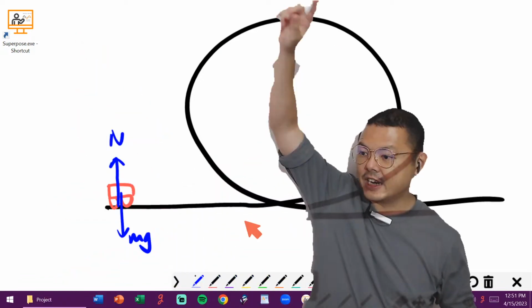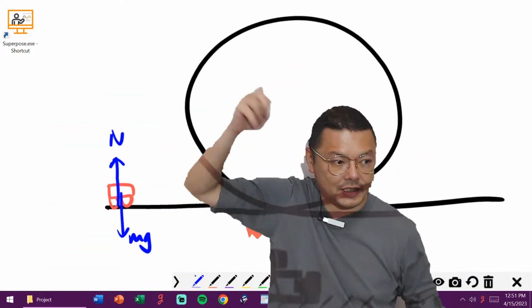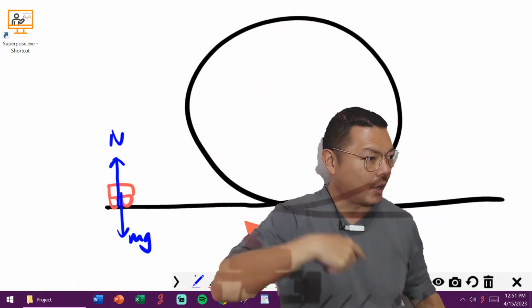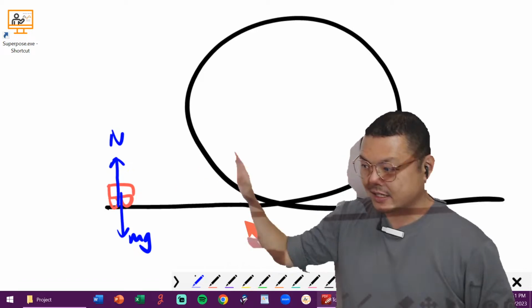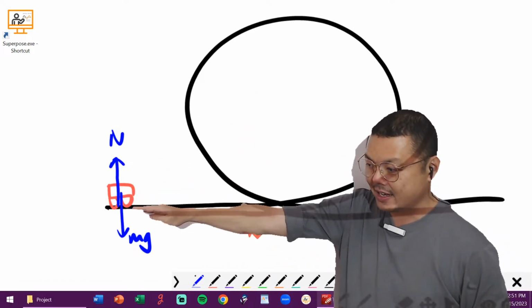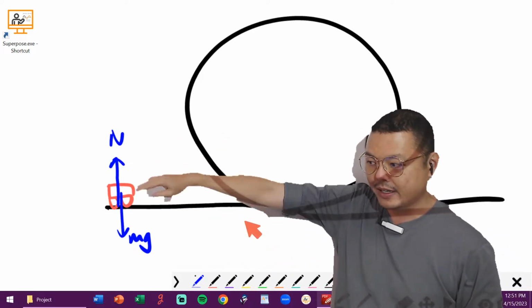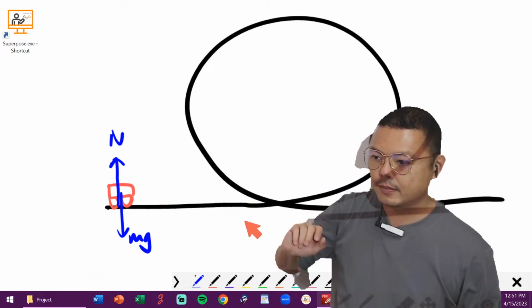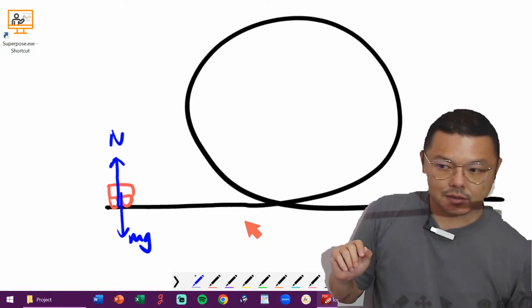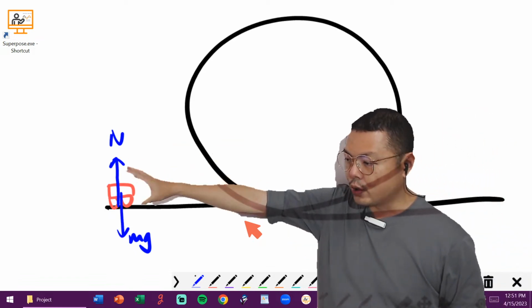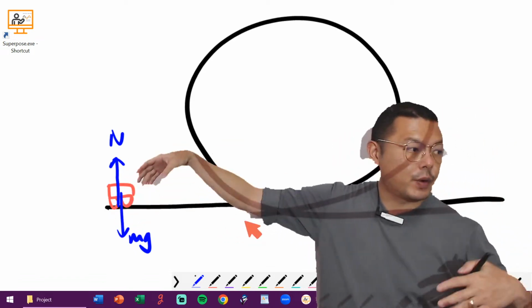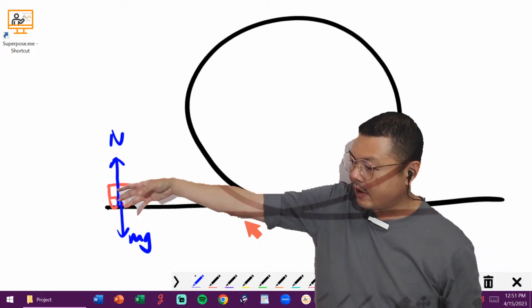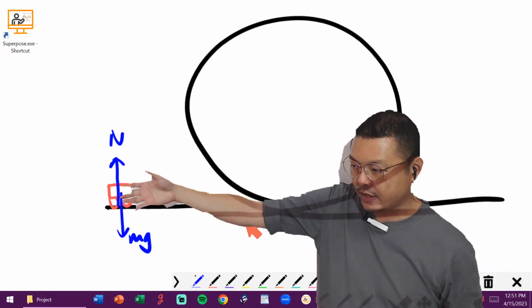There was only an initial amount of GPE, and then everything else is just conversion of energy, going around in loops. So it's the same thing. What I'm drawing here is a toy car, or otherwise known as the roller coaster. Now, assume there's no human being inside the roller coaster yet. If you want to do a human being, the diagram will be similar, you'll be drawing for the human being.